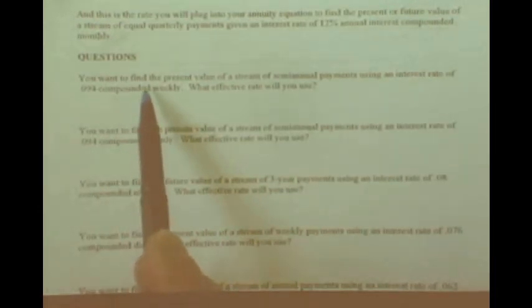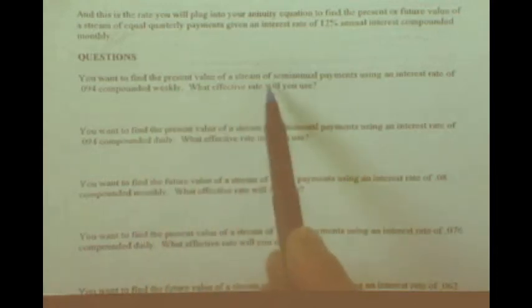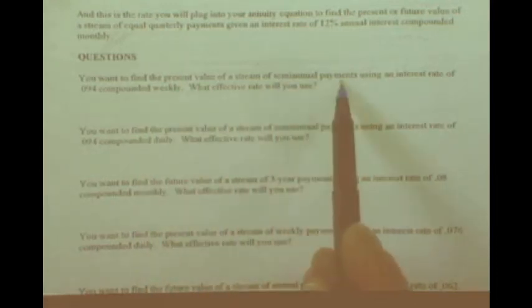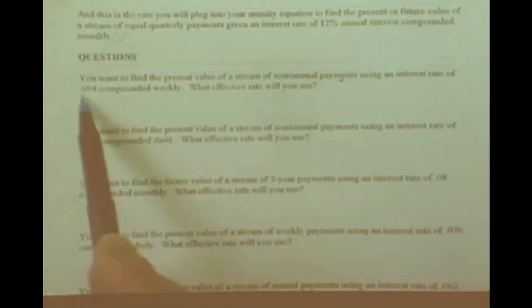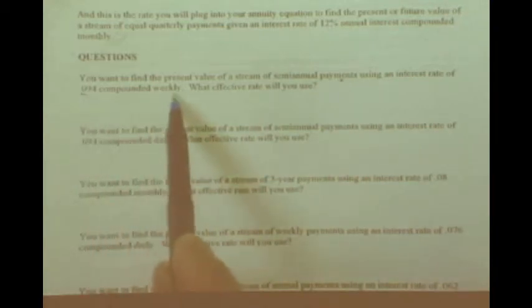The first question says you want to find the present value of a stream of semi-annual payments using an interest rate of 0.094 compounded weekly. Okay, so our interest rate is really a 1-week rate.